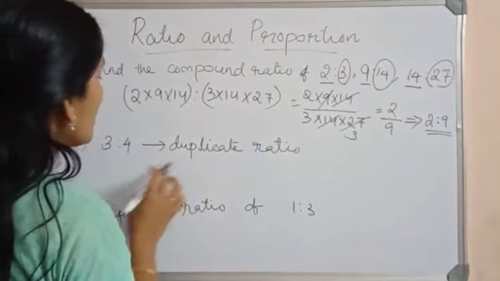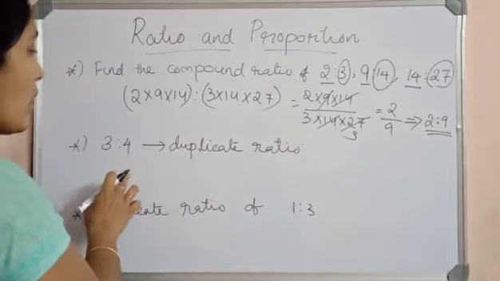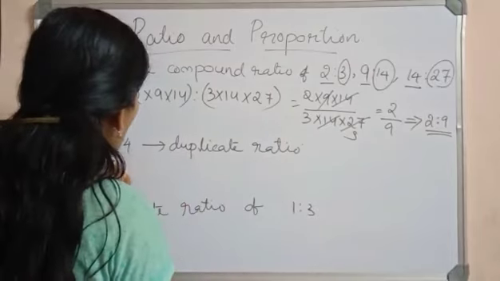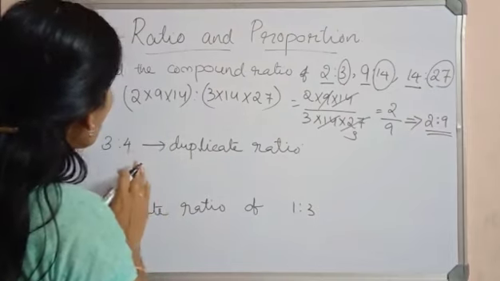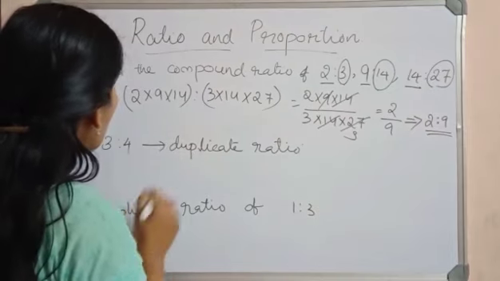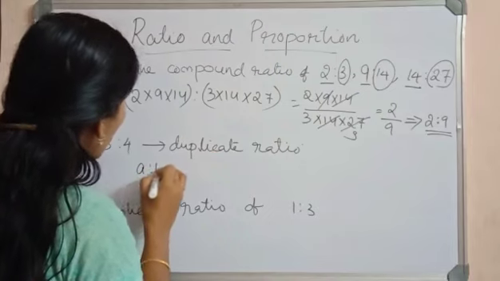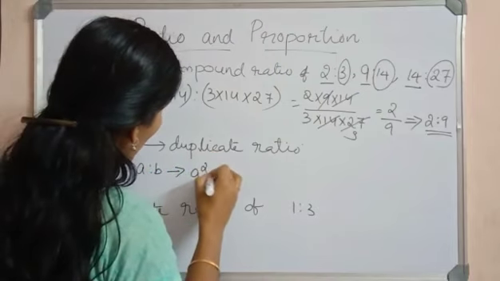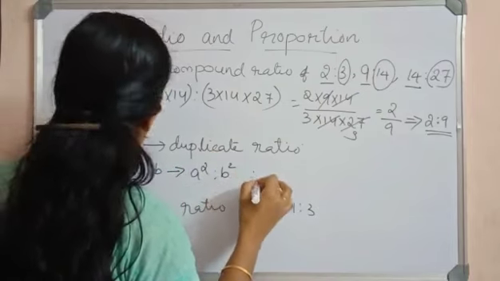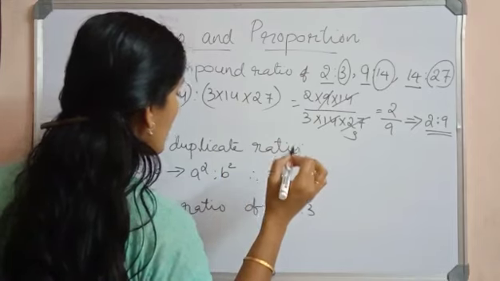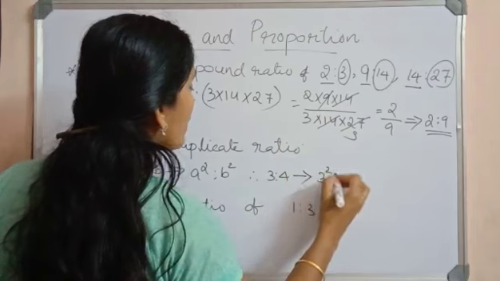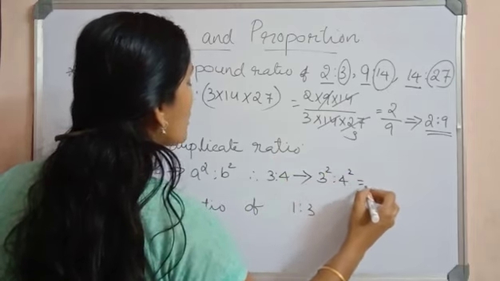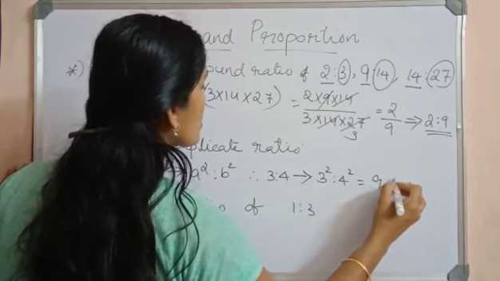Now, considering the next ratio 3 is to 4, we need to find the duplicate ratio of 3 is to 4. We know that the duplicate ratio of any two terms is the square of the given terms. That is, if a is to b are the terms, the duplicate ratio is a square is to b square. Therefore, the duplicate ratio of 3 is to 4 is 3 square is to 4 square, that is equal to 9 is to 16.